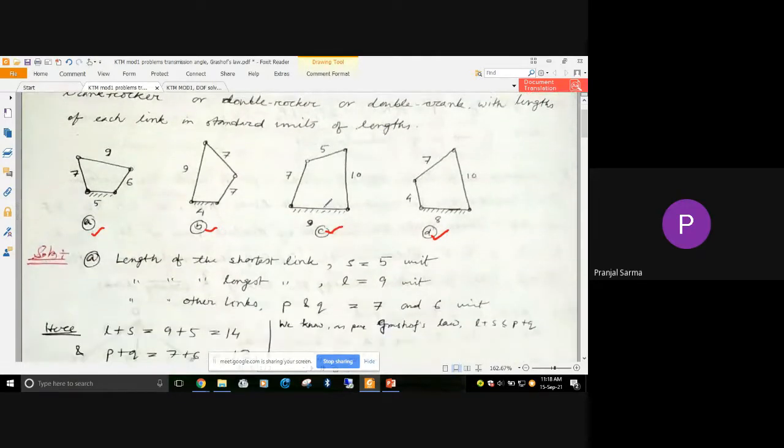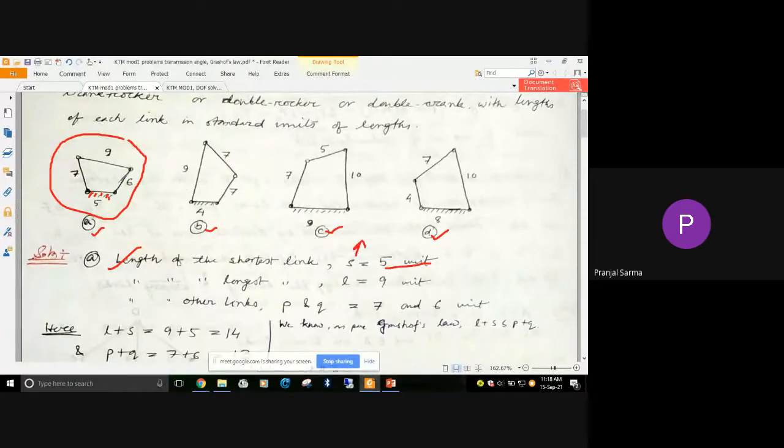Now let's consider the first case, the first one. The units are not given, so you can consider any unit. We take the length given alongside each link. Here this is the fixed link, and it has a length of 5 units. So the length of the shortest link is 5 units. That is S, denoting it S for small.